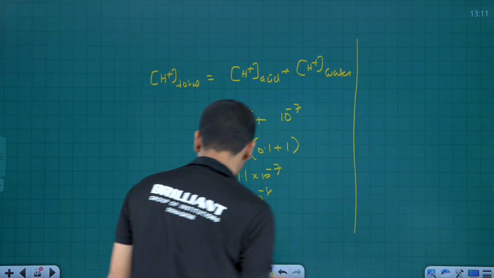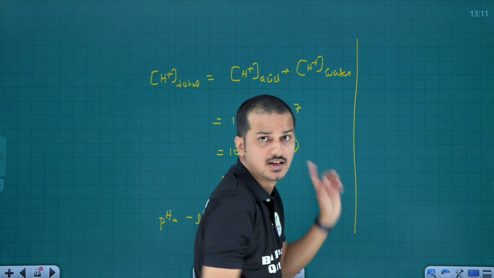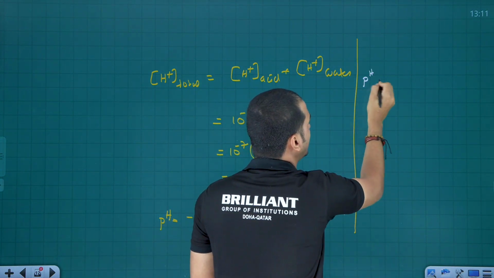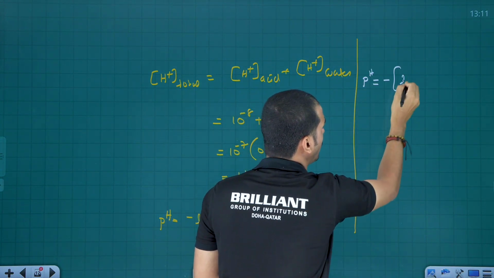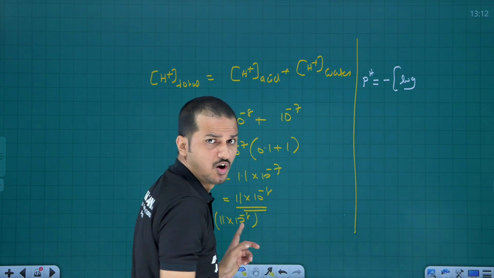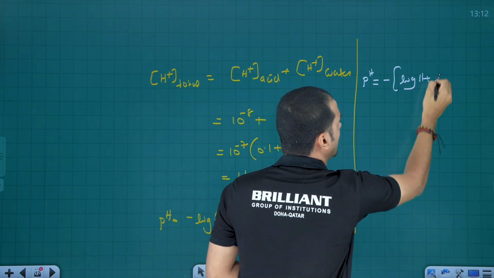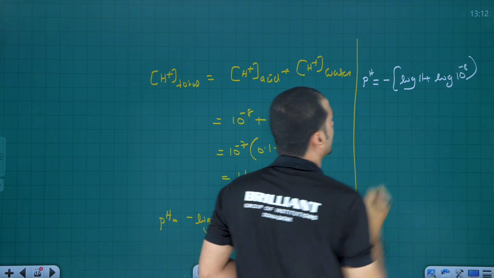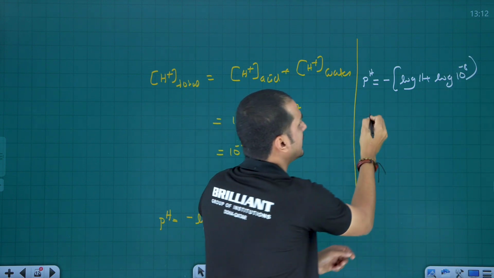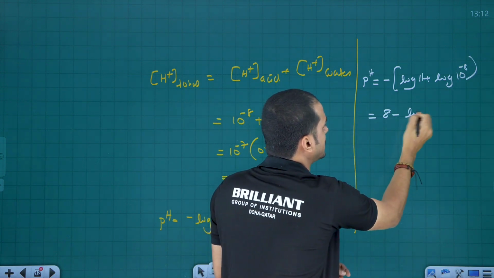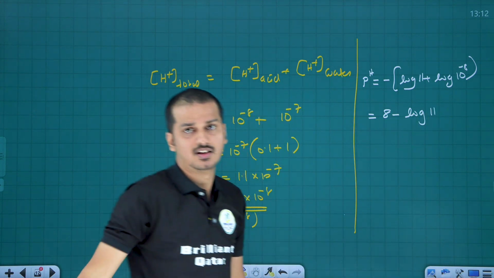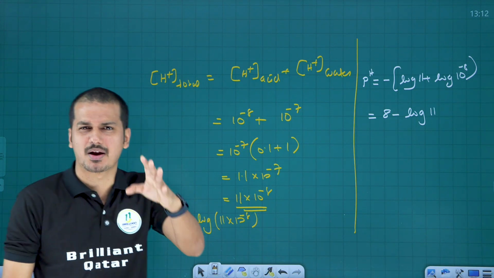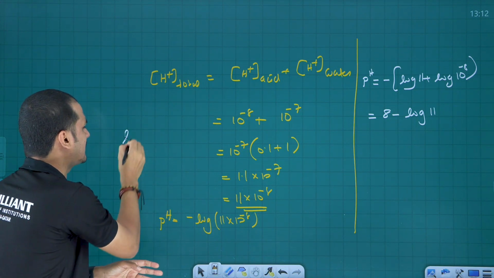That equals minus the logarithm of 11 plus the logarithm of 10 raised to minus 8. Taking the minus inside, it becomes 8 minus log 11. No need to remember log 11; you can simply check the options.